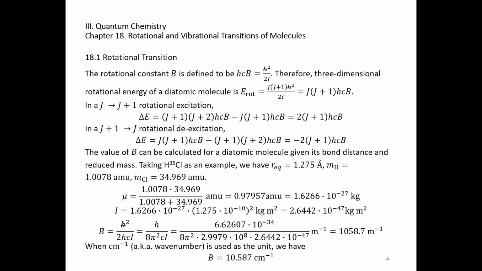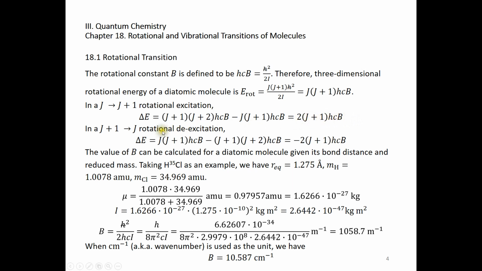The rotational constant B again is defined to be hcB equals h bar squared over 2I. Therefore, the three-dimensional rotational energy of a diatomic molecule is J times (J plus 1) times hcB. When we are looking at a rotational excitation from J to J plus 1, the energy increases by 2 times (J plus 1) times hcB.